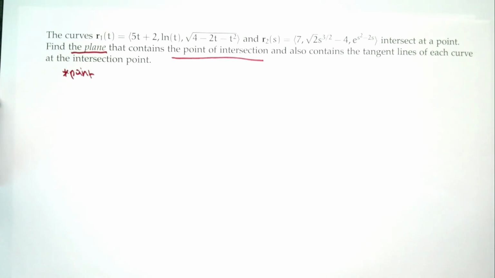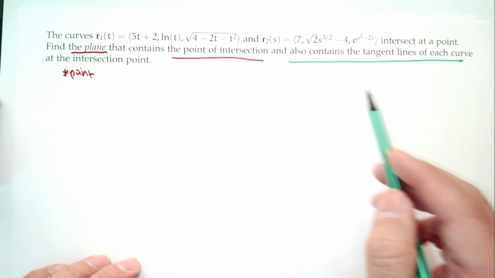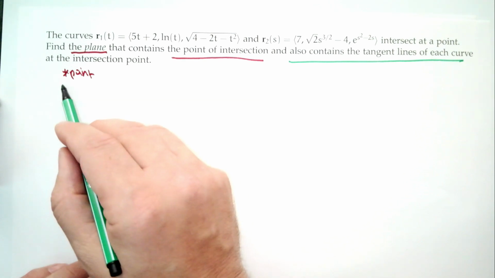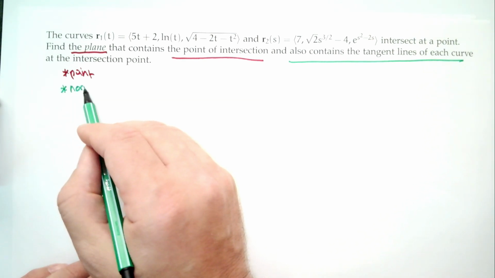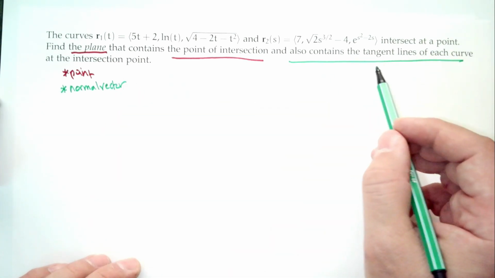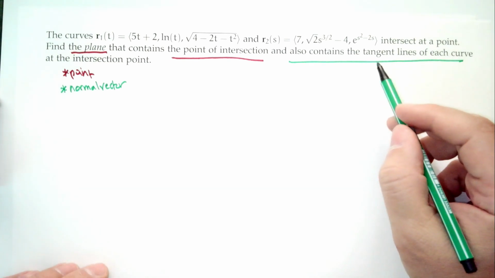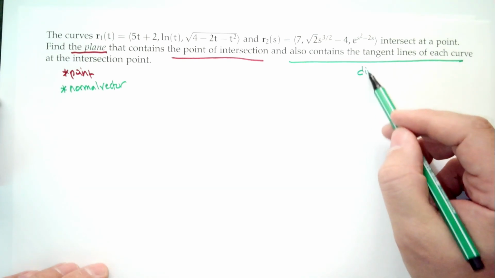But it also has to contain the tangent lines. Now, what's useful about that? Well, remember, I need to have a normal vector if I'm looking for a plane. And this says there's 2 curves, which means that there are 2 tangent lines. To say the plane contains the tangent lines means that the direction vectors of these tangent lines are in the plane.